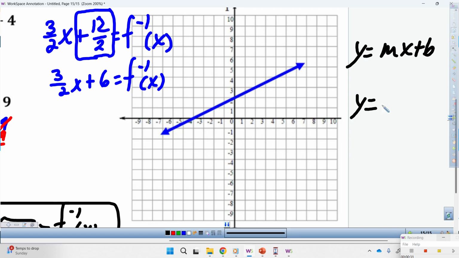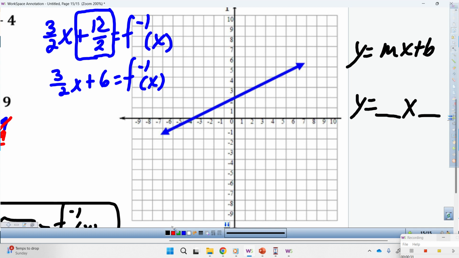Yep. Autumn. Our equation is, what? Be nice. Our equation is, what? All right. Let's see. Autumn's going to walk us through this one.